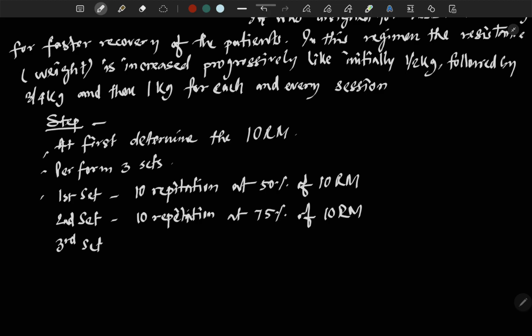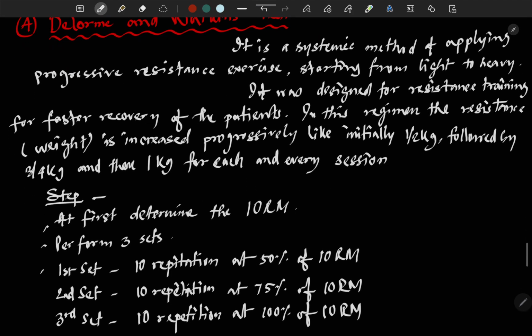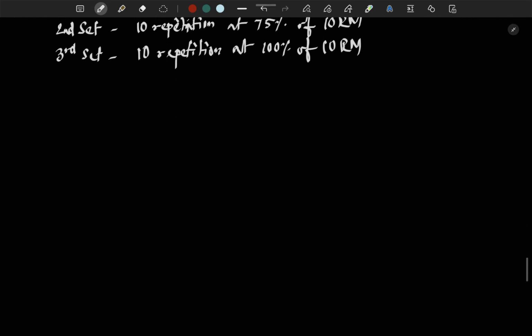Third set is 10 repetitions at 100% of 10 RM. So this is the Delorme-Watkins technique for progressive resistance exercise.